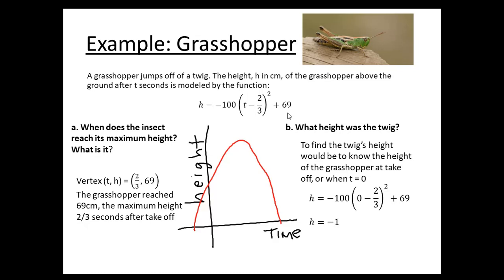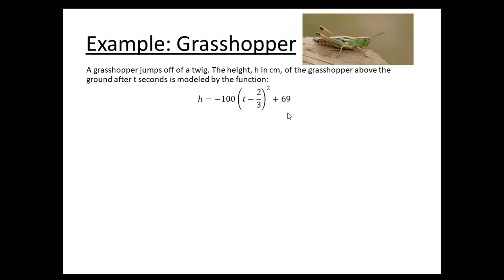Let's keep going. h = −100 × 4/9 + 69. h = 24.6 centimeters. I just put that all into the calculator at one time. So the twig was approximately 25 centimeters high.